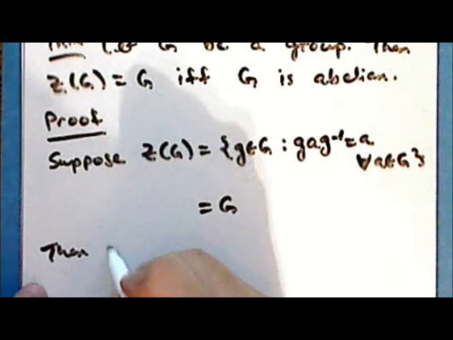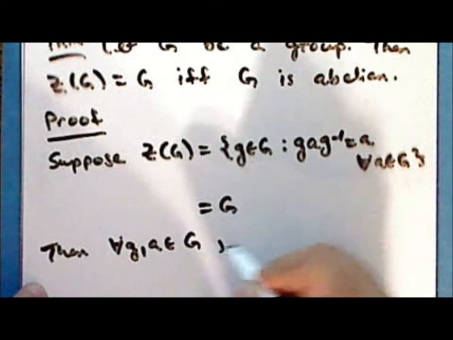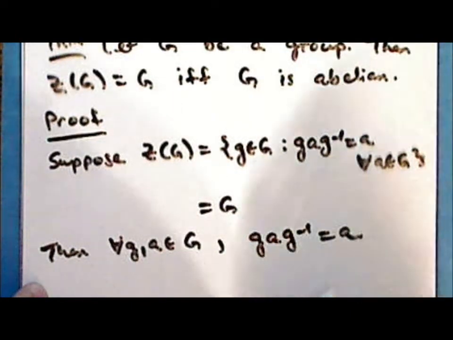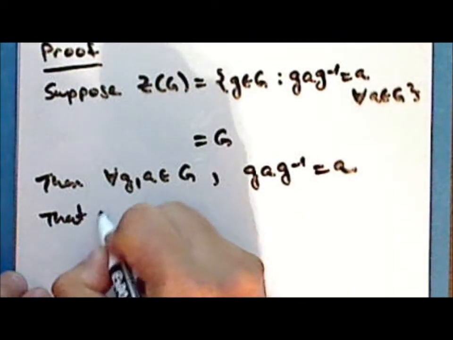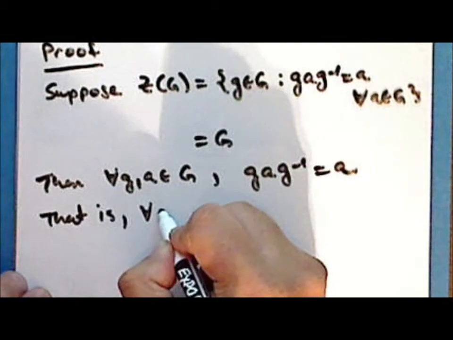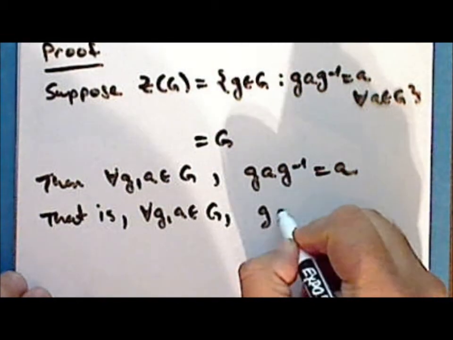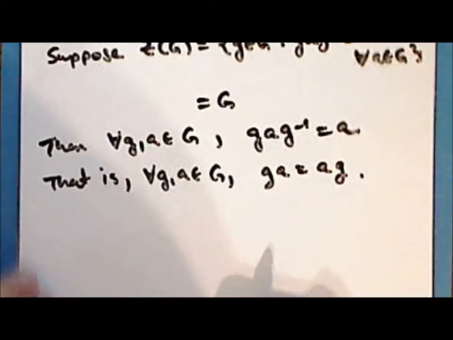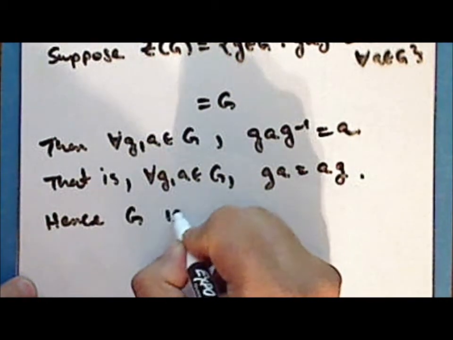Then for every pair of elements G and A in the group, G times A times G inverse is equal to A. That is, for every pair of elements G and A in the group, G times A is the same as A times G. And hence, the group G is abelian.